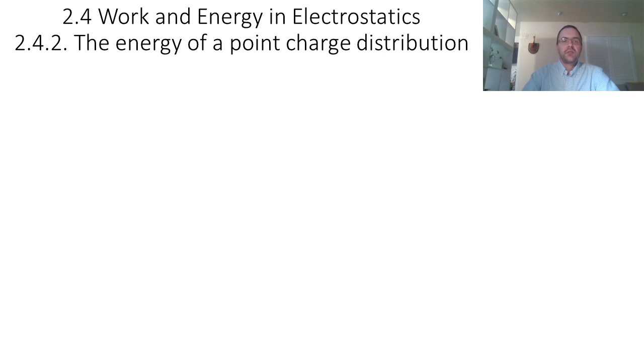Okay, now that we know the energy to move charges, we're going to discuss the energy in a charge distribution. And first, we will just do a distribution of point charges. So suppose we have 4 charges at positions R1, R2, R3, and R4. What is the electric energy of this point charge distribution?